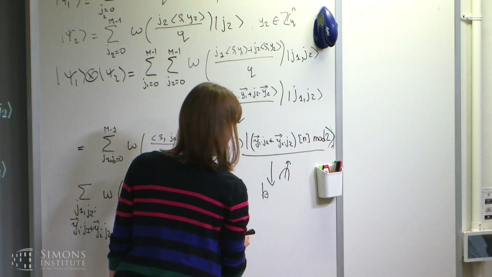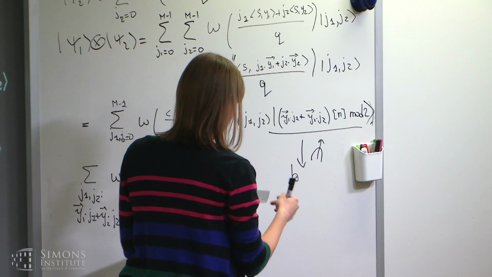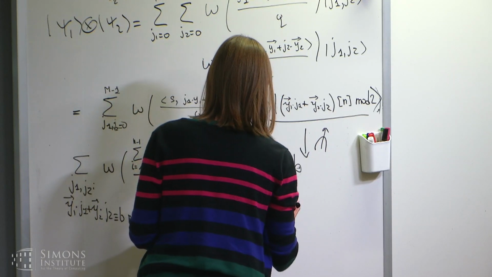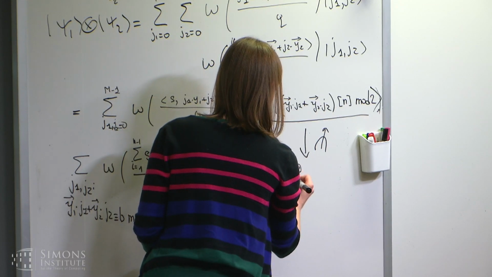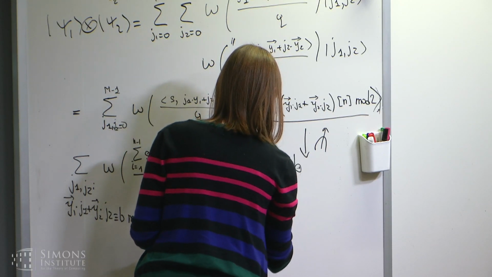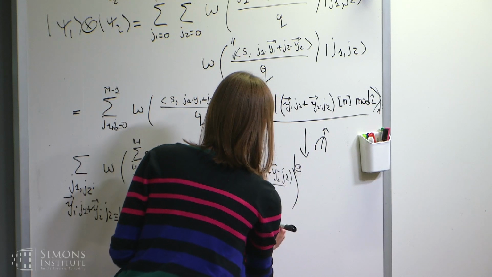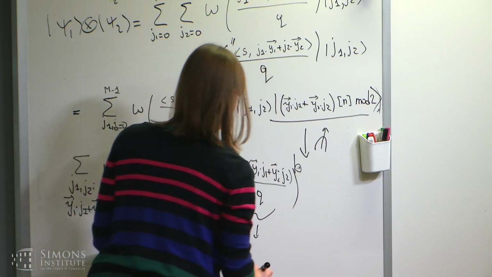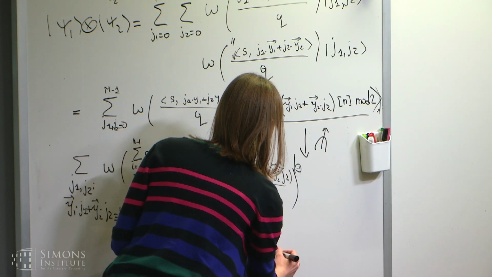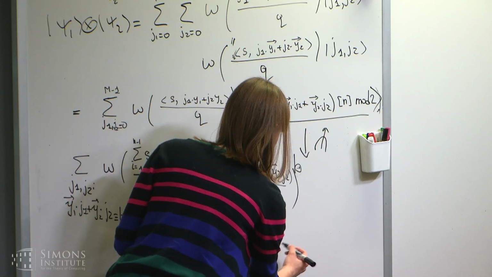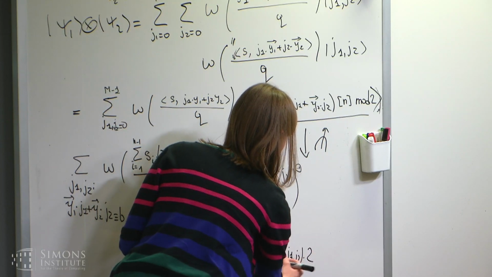So I think I have a nice way to write it here. That will be Sn times y1 j1 plus y2 j2 over q. But this thing, as I just said, is Sn times b over q plus something that is a multiple of 2 times something that depends on a and j, or j1 and j2, sorry, and 2.